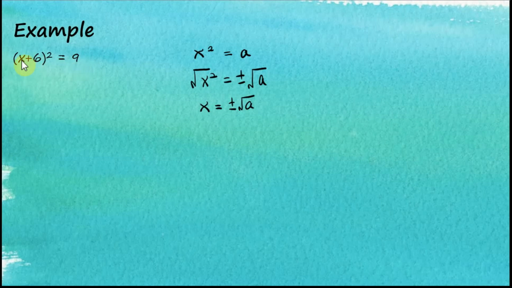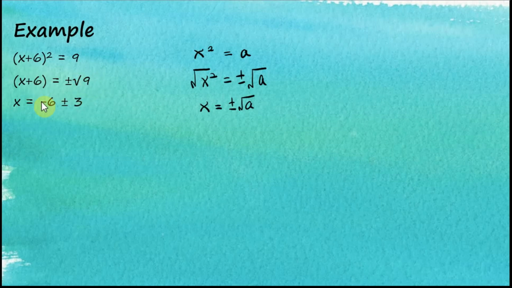So if we have (x plus 6) squared equals 9, then we eliminate the square by applying the square root. Then we have x plus 6 here, and then we have positive, negative square root of 9. After that, we shift this positive 6 to the right hand side, and the square root of 9 is 3.